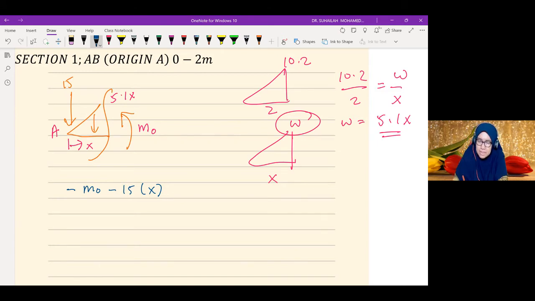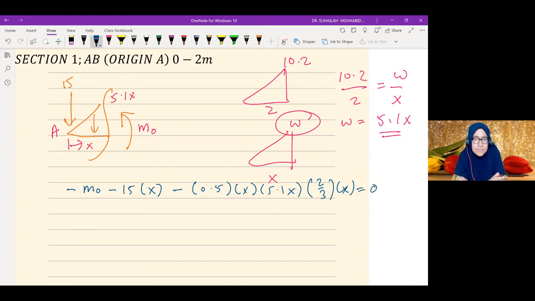We minus again the area of the triangle, which is 0.5 times x times 5.1x, and the centroid is at 2/3 times x. So this is equal to 0.